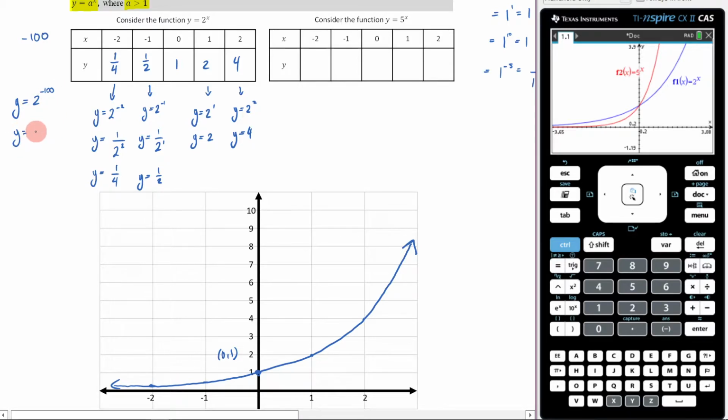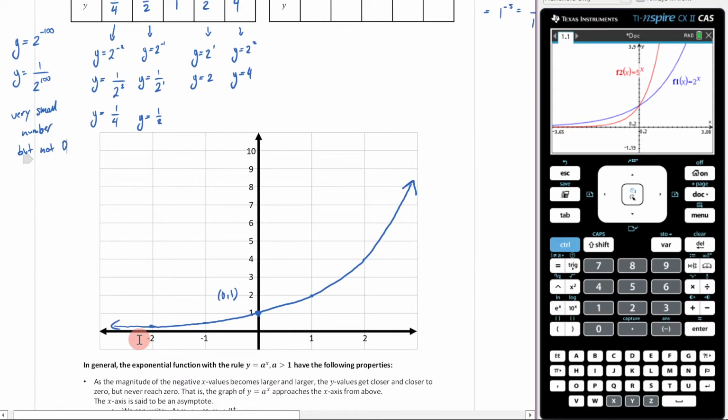Y is equal to 1 on 2 to the 100, which is a very small number, but not 0. So what that tells me is that if I make x extremely small, or extremely negative, I'm never going to get to a place where my y value is going to be 0. It's just not going to happen.